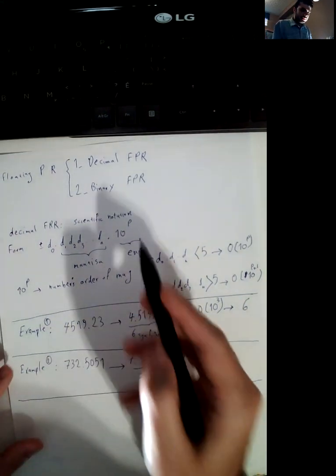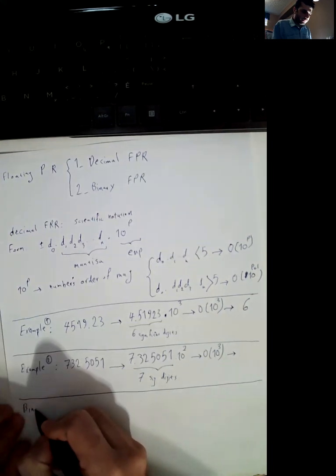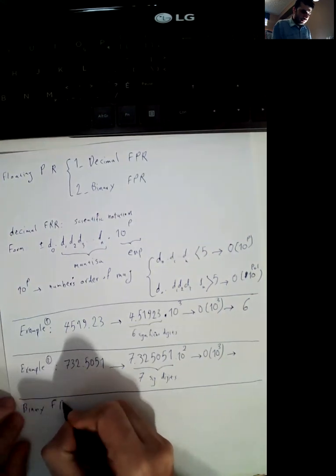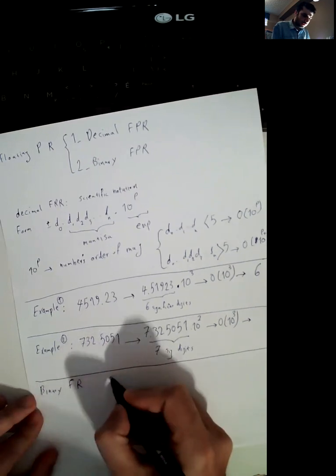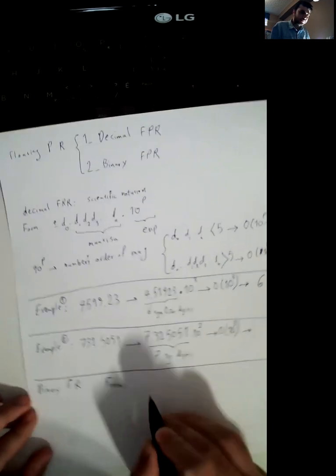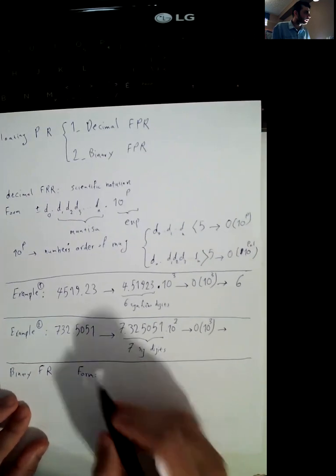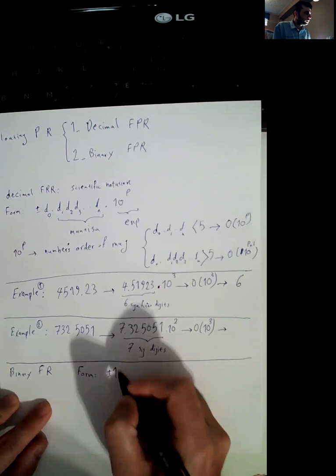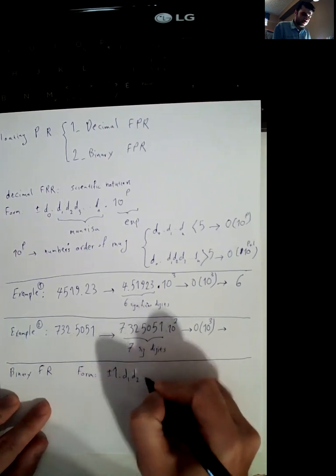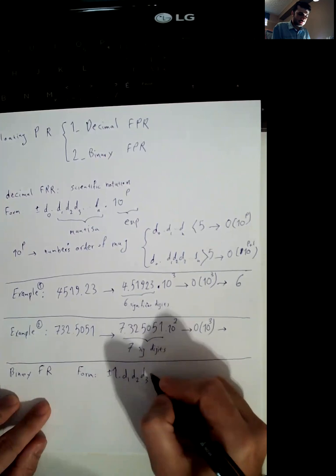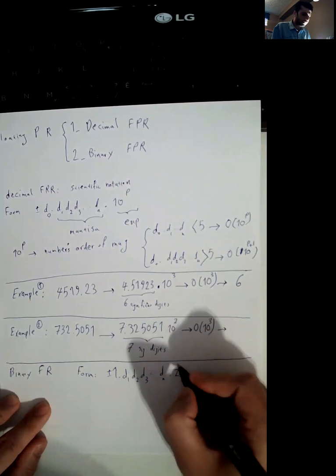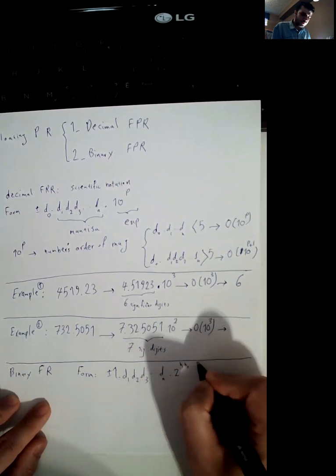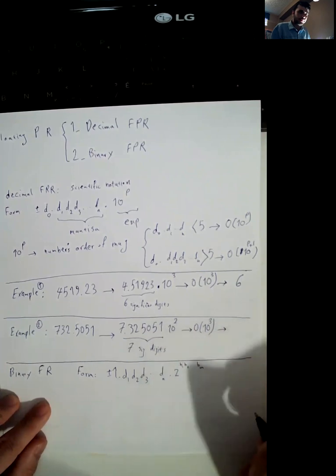For the second case, binary floating point, these numbers are in the form of 1.d1 d2 d3 ... dn times 2 to the power of b1 b2 ... bm.